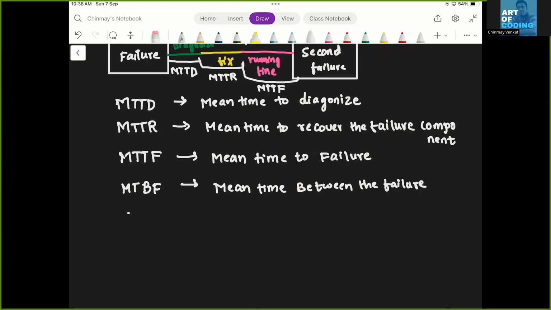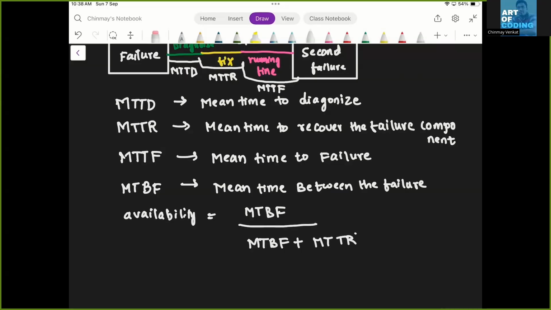Availability is equal to mean time between failures divided by mean time between failures plus mean time to recover the failed component. This is how the availability is measured. I hope you can understand what I'm trying to say.